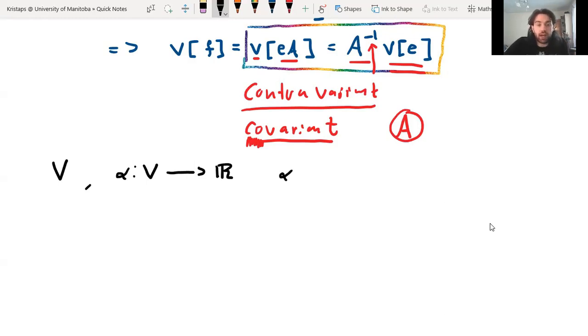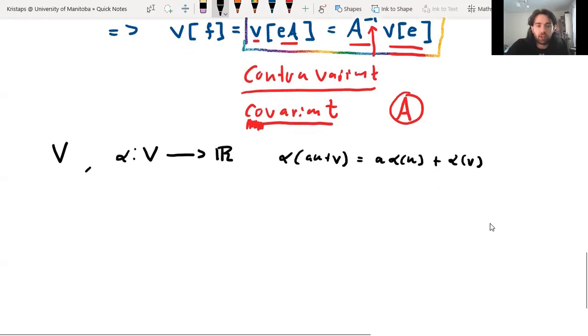So that means that alpha of a u plus v, where u and v are vectors and a is a scalar, should be a times alpha of u plus alpha of v, right? The interesting structure of vector spaces is the linearity, the fact that we can take linear combinations. So of course, the maps that we're interested in are ones that respect linear combinations.